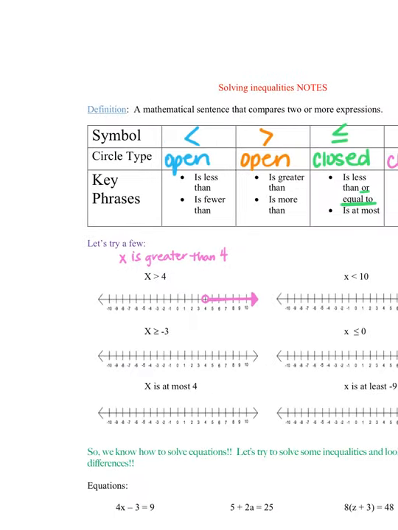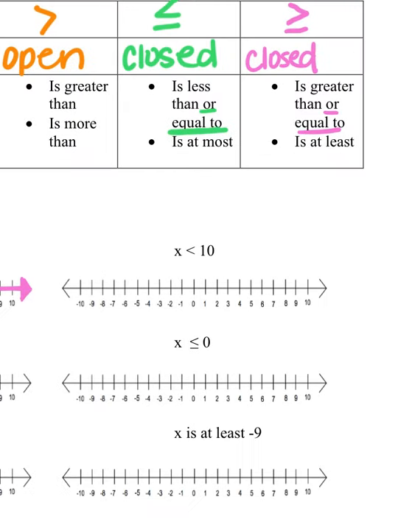Okay? Let's look at the next one. X is less than 10. So I'm going to find 10 on my number line. Here's 10. X is less than, and it's just less than, so my circle is open. And it's saying any number X is less than 10.